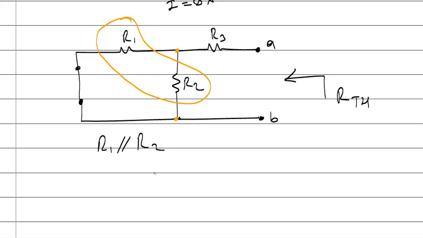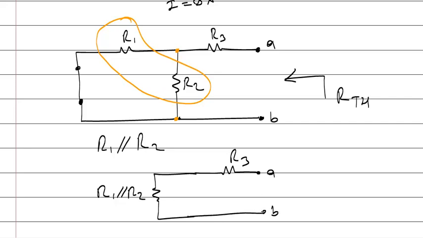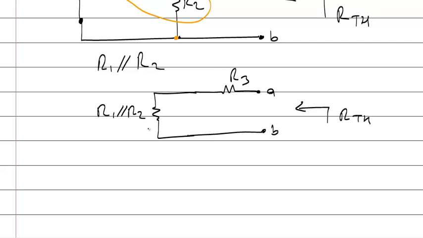And if you combine and redraw the circuit, this is R3. This is R1 parallel R2, point A, point B. Now, what's the total resistance? They are connected in series now.